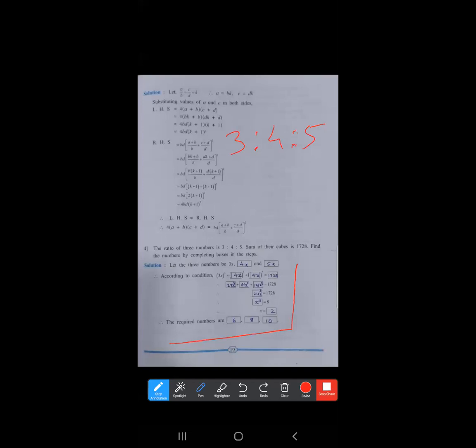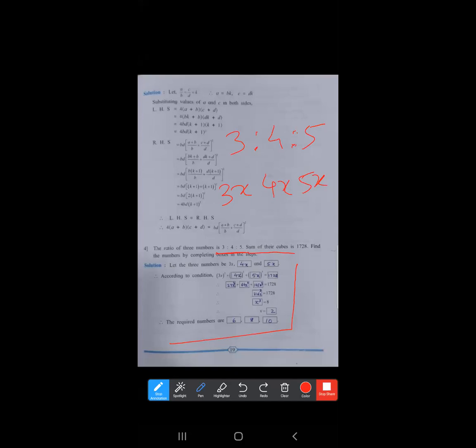So let the three numbers be 3x, 4x and 5x. According to the condition, what is the condition given? The sum of their cubes.